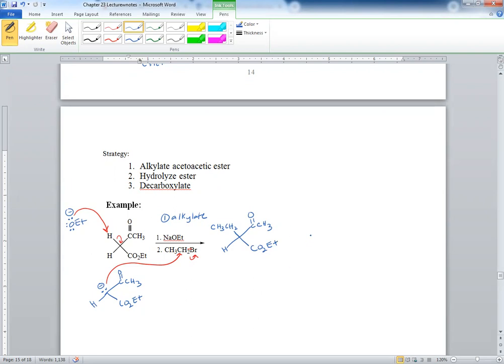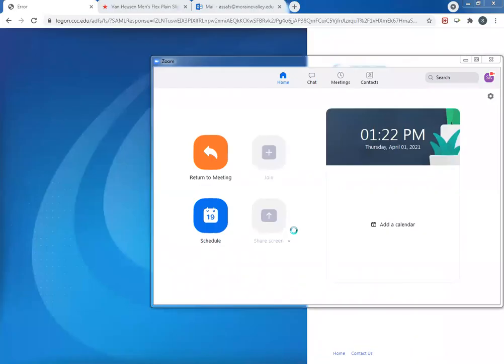Now, you can do another alkylation if, let's say, we would like to produce the polysubstitution or the disubstitution, adding two R groups rather than adding one. So we'll see that now in the next step.